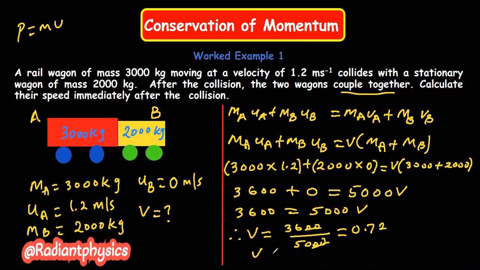So we can write that their speed is 0.72 meter per second immediately they stick together. You can see that it is very simple, see how we apply the equation. So let's take another example and solve.